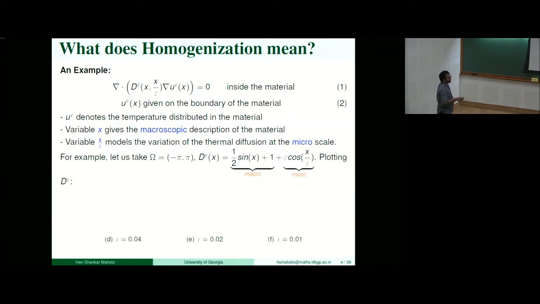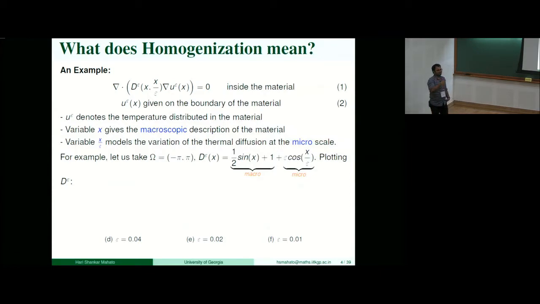If you make epsilon smaller and smaller, then you are decreasing the micro oscillations, and overall you have the global oscillation. That means by making epsilon go to 0, we are getting rid of these micro oscillations. We are homogenizing our given diffusion coefficient.